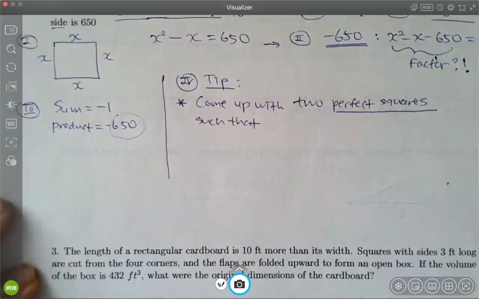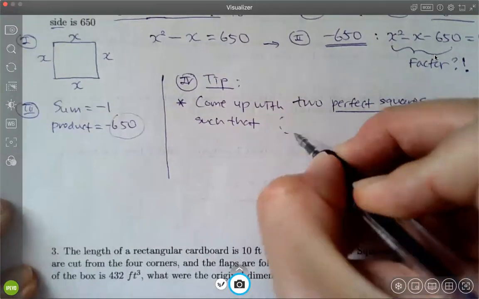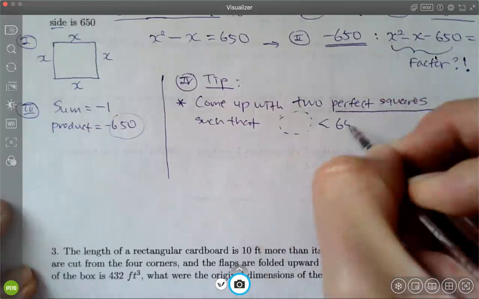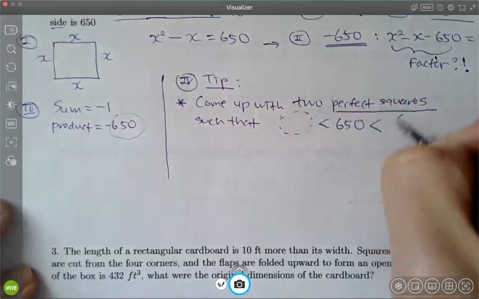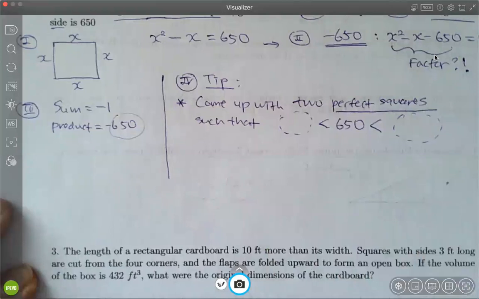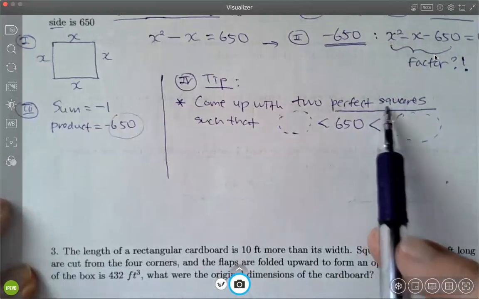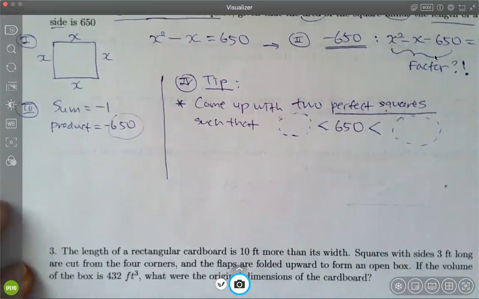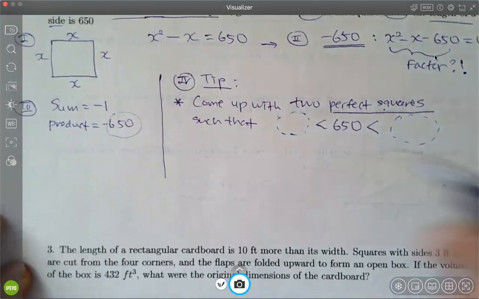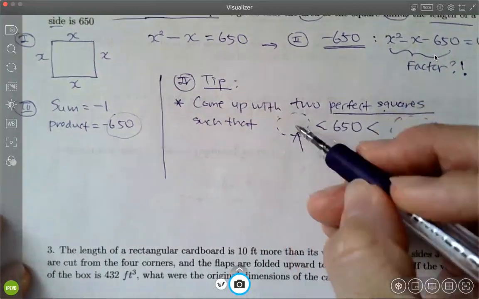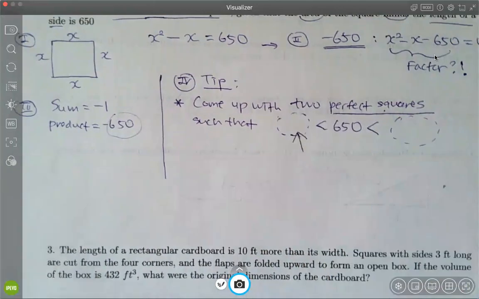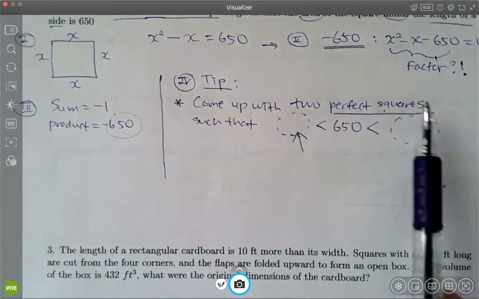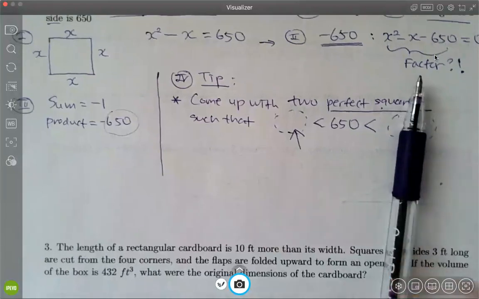In other words, we have something, then 650 in the middle, and then something else here. But these two numbers have to be perfect squares. Now, can you come up with which perfect square goes into this spot? That would be a little bit easier. So don't worry about this blank, but come up with the perfect square that's less than 650 but as close as possible to 650.